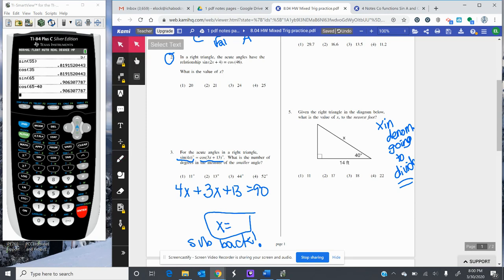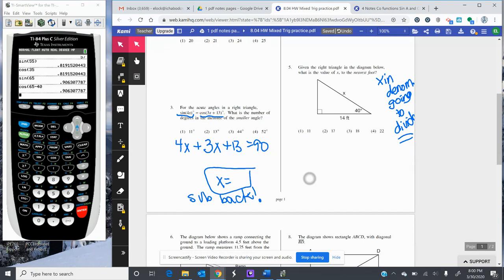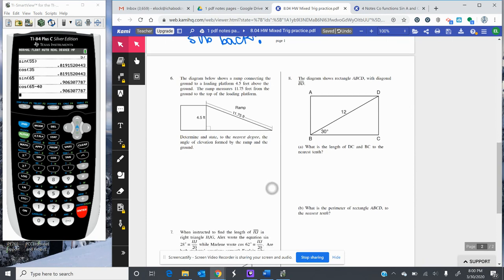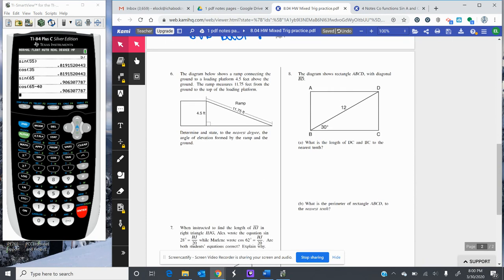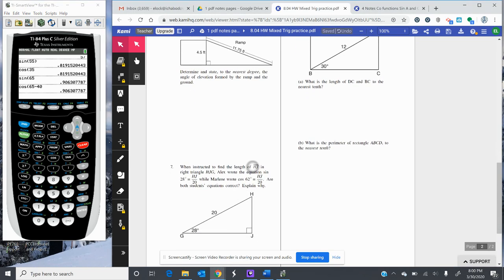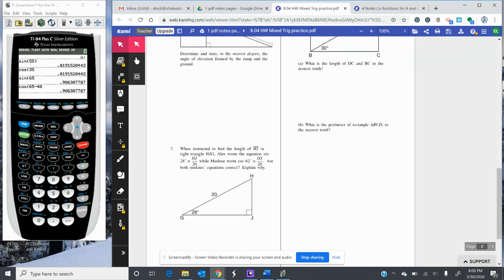Looking to the back page, those are really the questions I needed to focus on a little bit more. Here, we're finding the value of an angle. So remember, you might need that second sine or second cosine function for number 6. Number 7 is an explanation question based on the rule we just learned.